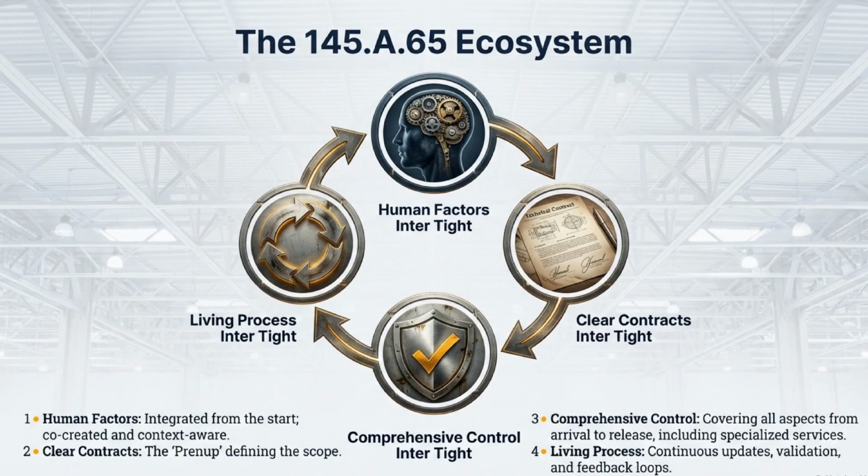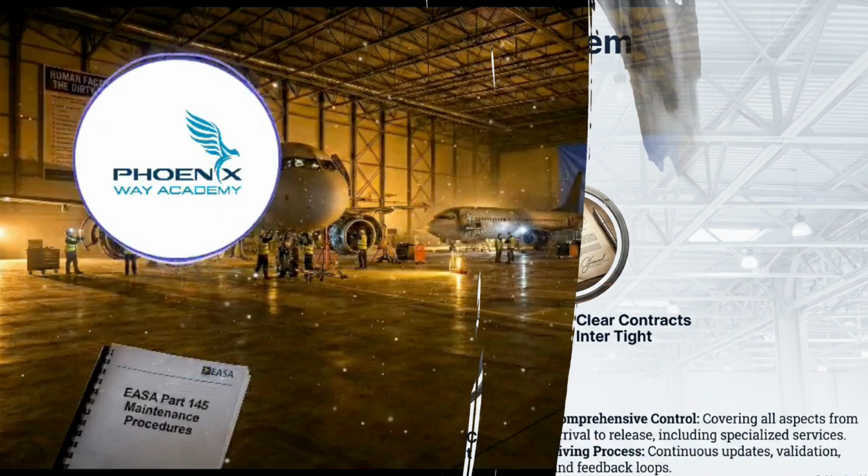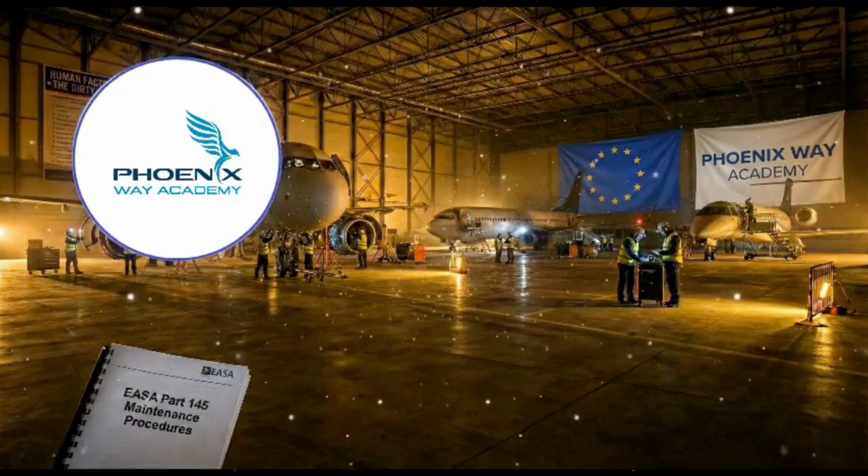Indeed it is. It just reinforces that every single detail, every procedure, every agreement, no matter how small it seems, contributes to the overarching safety and airworthiness of aircraft. Understanding these regulations like 145.A.65 is absolutely key to establishing and, crucially, maintaining those high standards across the industry. And it's not a static target, it's a constant evolution.